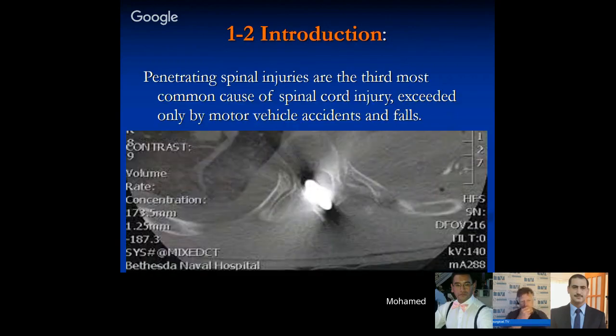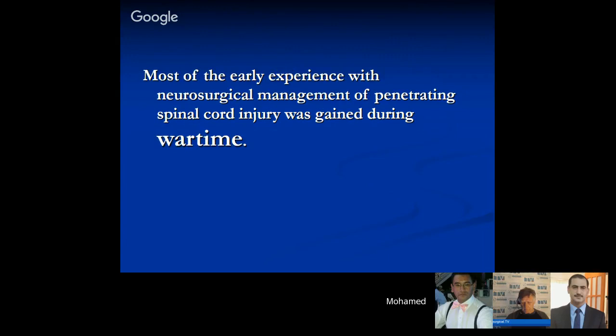Introduction. Penetrating spinal injuries are the third most common cause of spinal cord injury, exceeded only by motor vehicle accidents and falls. Most of the early experience with the neurological management of penetrating spinal injuries was gained during wartime.